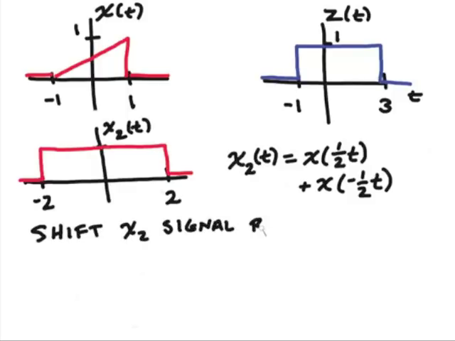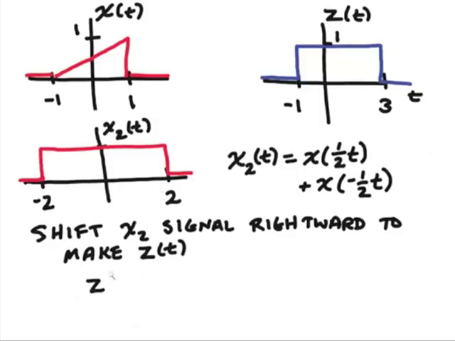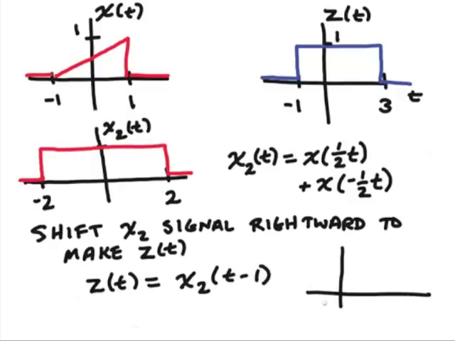We'll shift x2 rightward by 1 second, and that will then make x2 into z. So that shift, of course, is replacing every t by t minus 1. So z of t is x2 of t minus 1. And that then will be a signal extending between -1 and 3 seconds, our desired result.